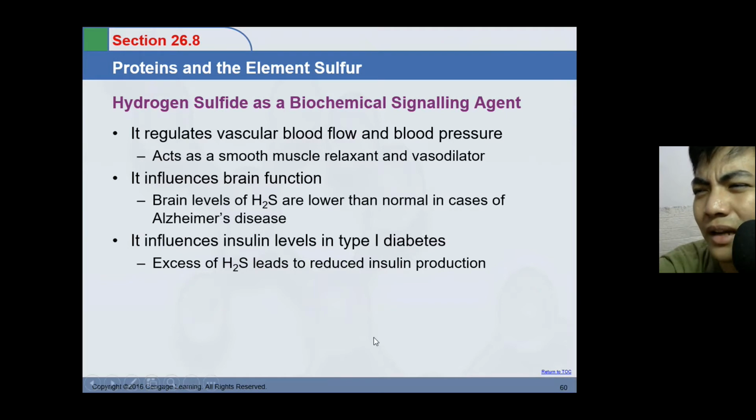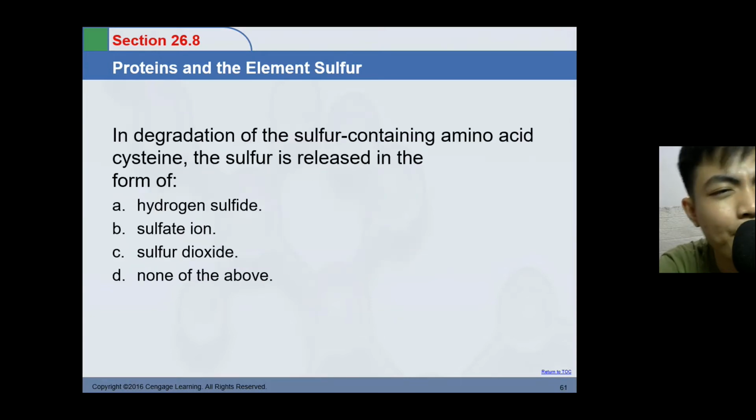Apparently, brain levels of H2S are lower than normal in cases of Alzheimer's disease. So H2S has an effect on Alzheimer's. And also in type 1 diabetes. If you have too much H2S, that leads to reduced insulin production, leading to a rise of glucose in your body.